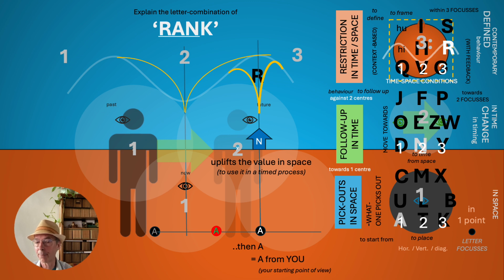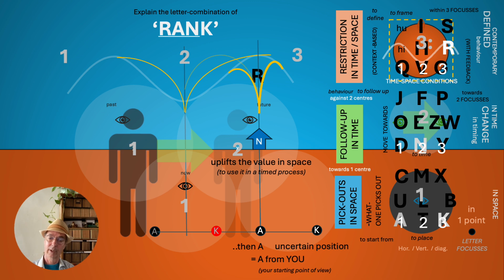So it will uplift the basic values of A into a time frame. So it will give them a contemporary vision, a usage for a time frame. For a certain time, I will have a time process that will make my base value of A useful in a time process.